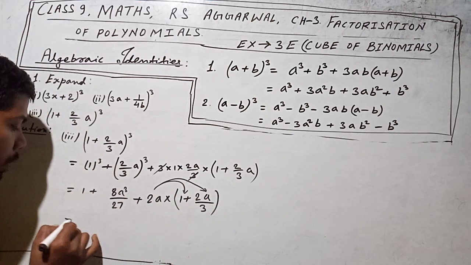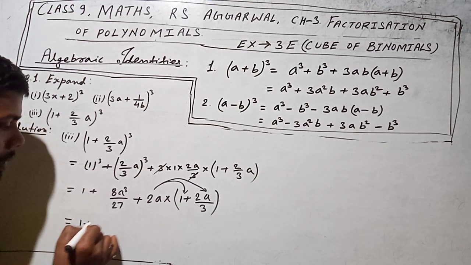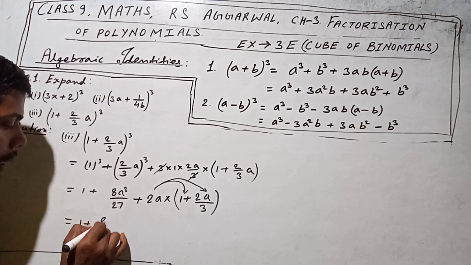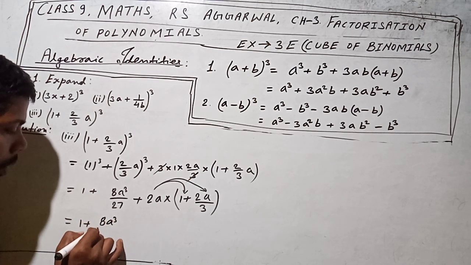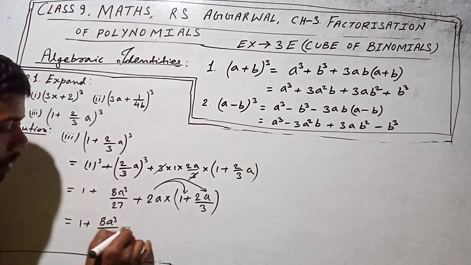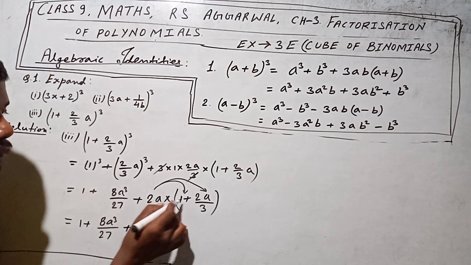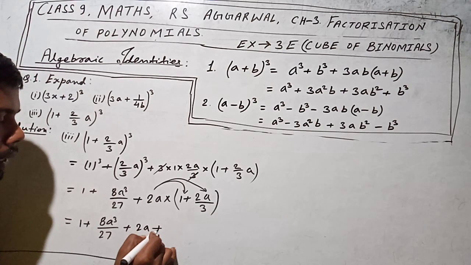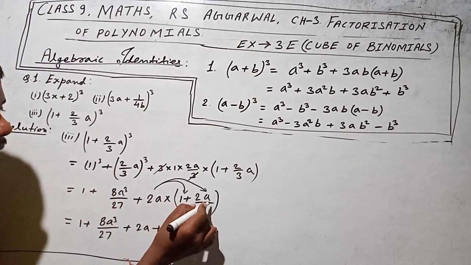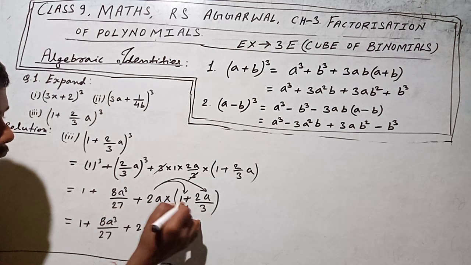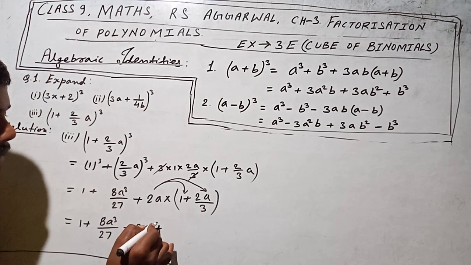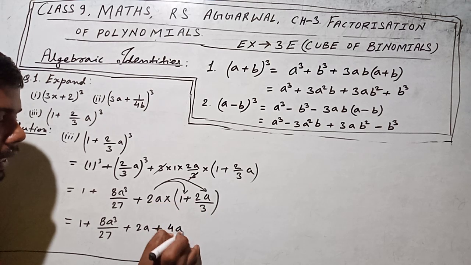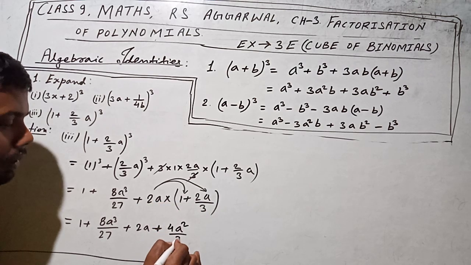So multiplying, we get 1 plus 8a cube by 27, these two terms remain as it is, plus when 2a is multiplied by 1 we get only 2a, plus when we multiply 2a and 2a by 3, we get plus, 2 twos are 4, a into a square by 3.